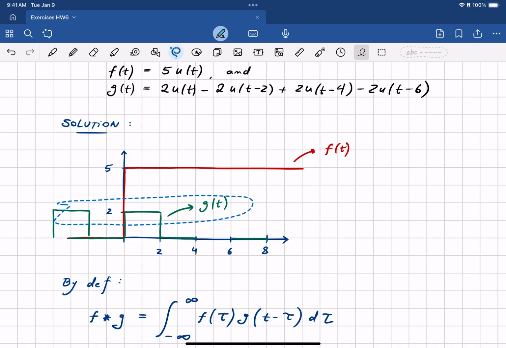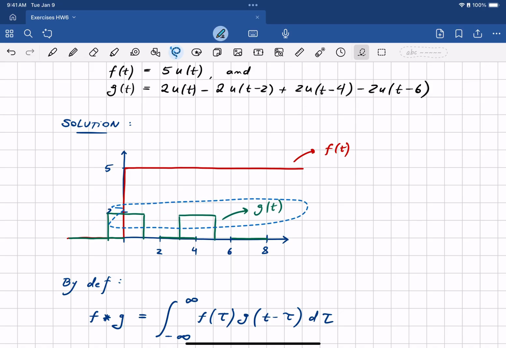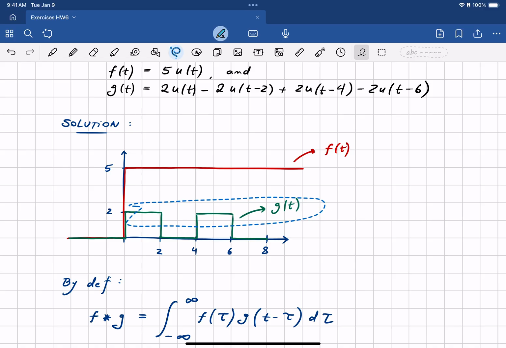When it passes, we have 2 times 5 again, but we have a bigger window of pulse multiplication, so the integral is going to be larger. Actually, it's going to be double, right? It's going to be the integral of the multiplication of these two steps. So 2 times 5 times delta t, which is going to be, in this case, 20, the multiplication. And so on. That's the whole idea with the graphical description.